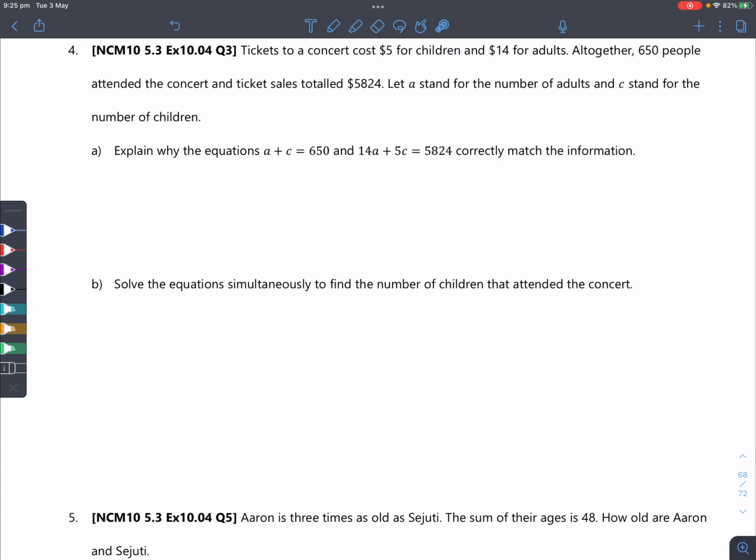So A plus C, where A stands for the number of adults and C stands for the number of children, if you add them together, that will just give you the total number of people, adults and children. Okay, so I'm just going to say here, A plus C equals 650 is the total number of people.